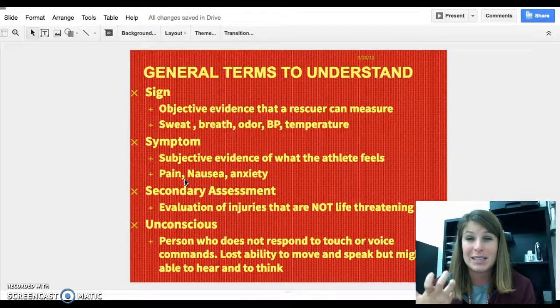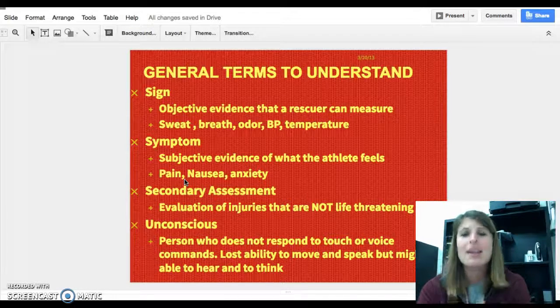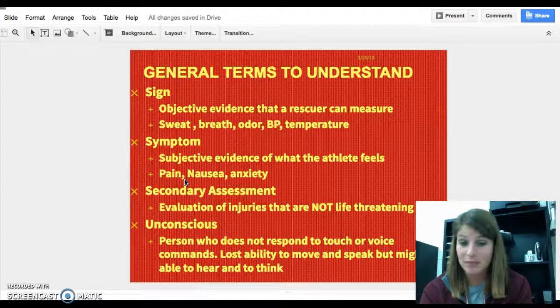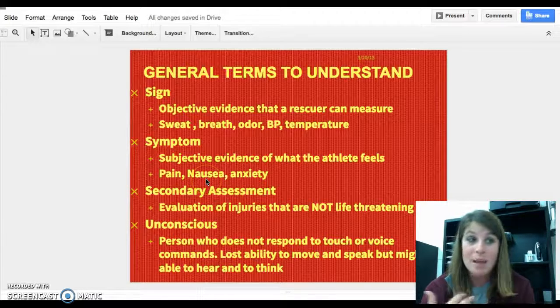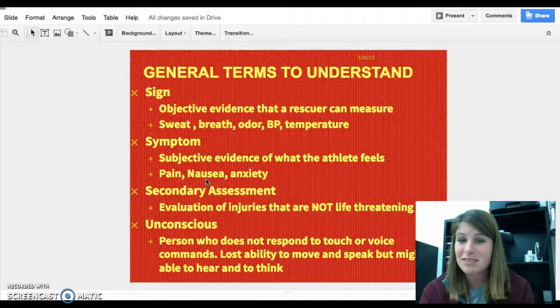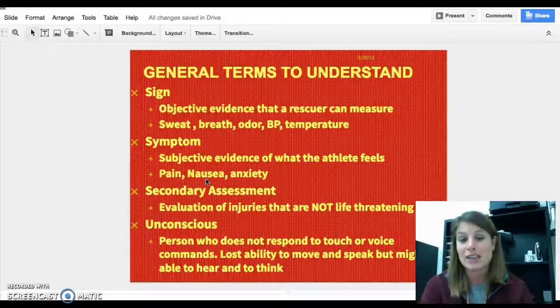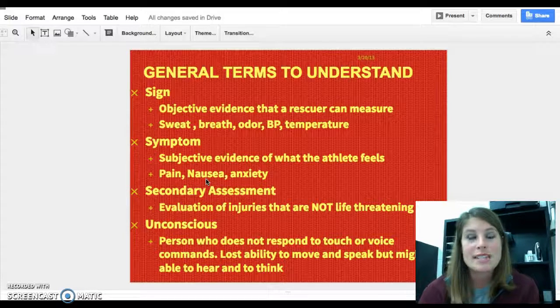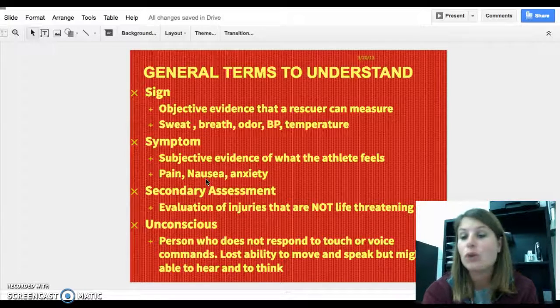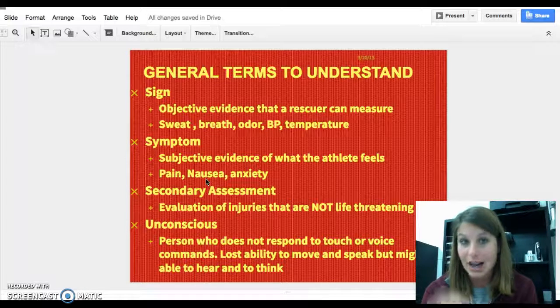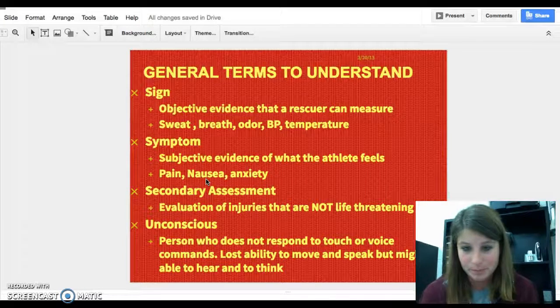You can see my face squinched up, you can see me rubbing something, but you cannot see the actual pain. Same thing with nausea. I can tell you that my stomach doesn't feel good. I can tell you that I feel sick to my stomach, but you can't actually see that. The same thing with anxiety. So a symptom, the person has to tell you. A sign, I can see it on the victim.